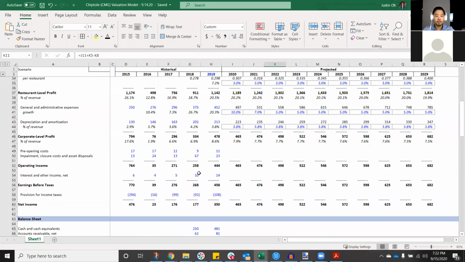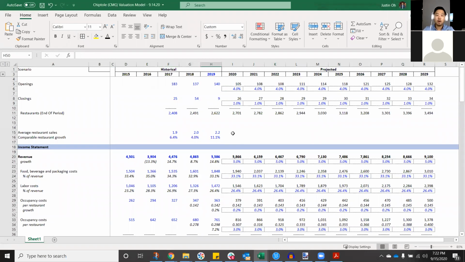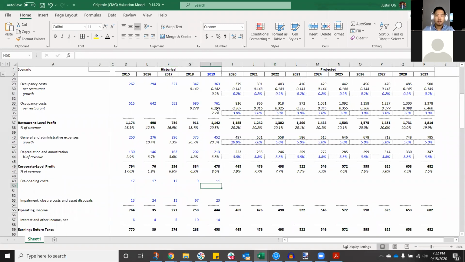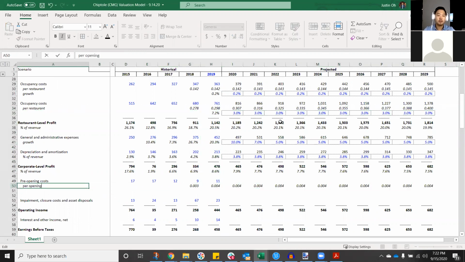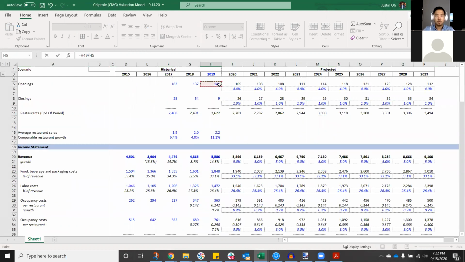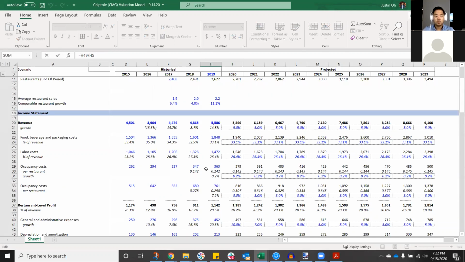So we want to drive pre-opening costs as how much it costs per opening. It sounds like it costs like 40 grand to train a bunch of people when you open a restaurant. Oh wait, well, obviously not.